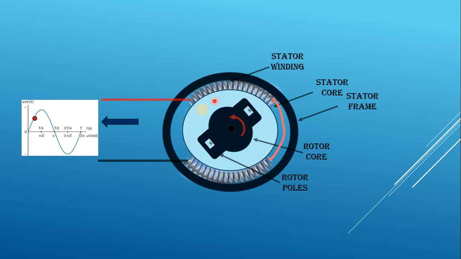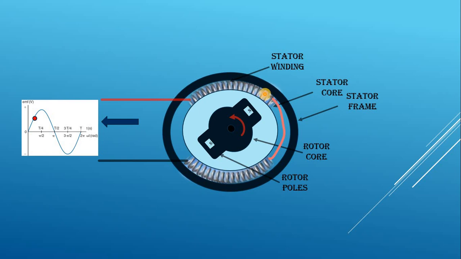Now again, when the poles are rotated in the anti-clockwise direction, the south pole starts to approach the coil at the top. So flux linking with the coil will be increasing.